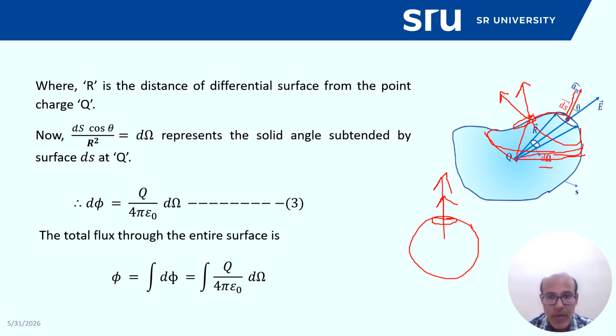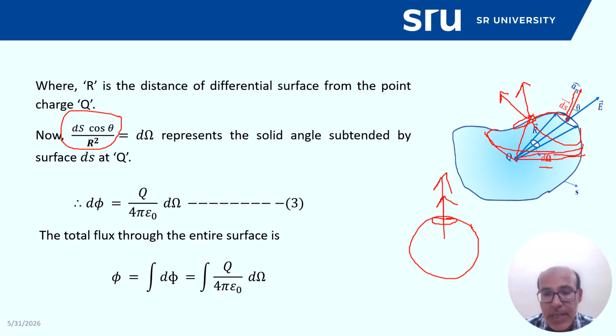So that value d omega is equal to ds cos theta by r square, which we have isolated. There is a rigorous mathematical procedure to find the solid angle subtended by the surface at Q. It's essentially the cone. The cone starts widening as you consider more and more area.